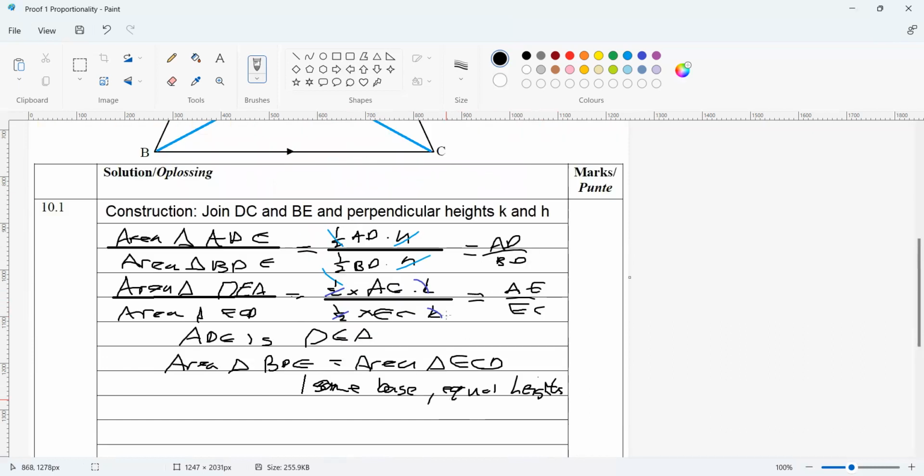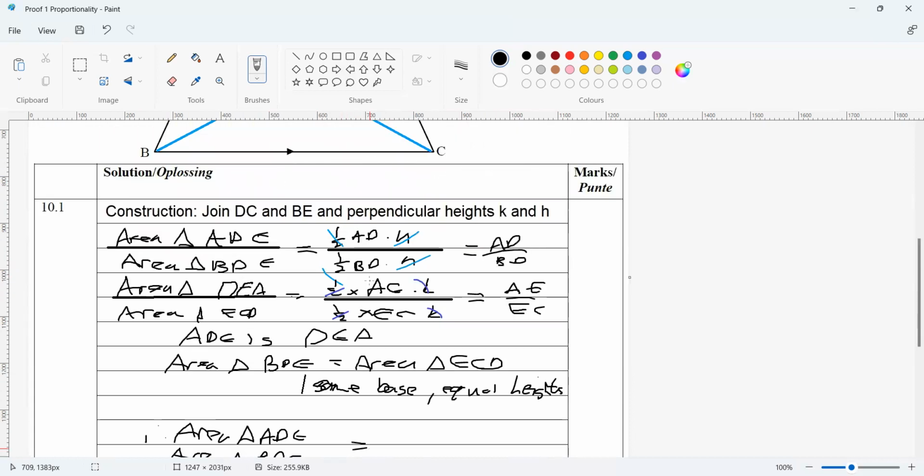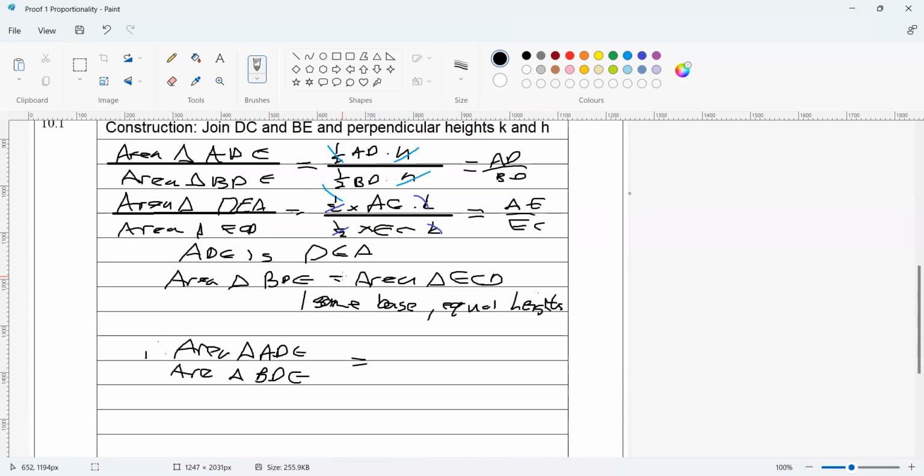And now we can say, therefore, area of triangle ADE over area of triangle BDE must be equal to area of triangle DAE over area of triangle ECD.